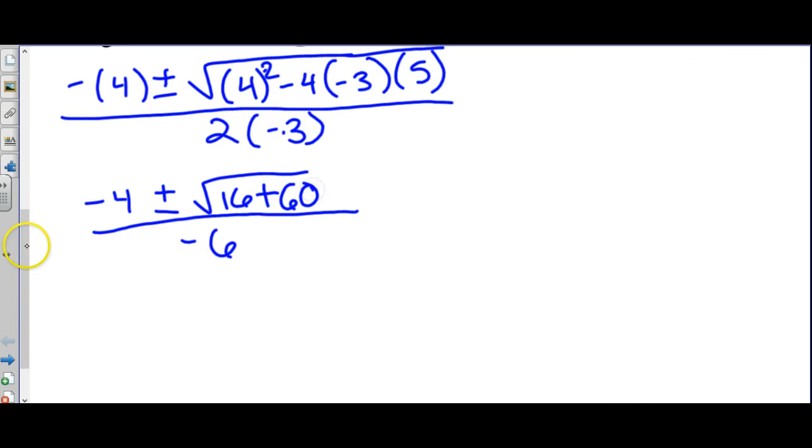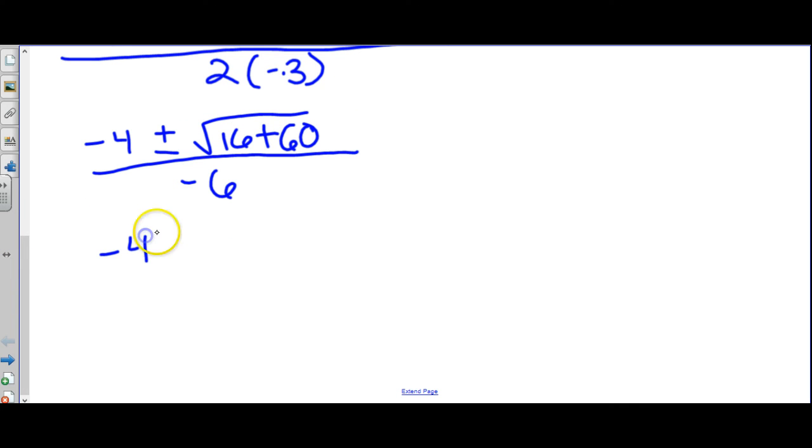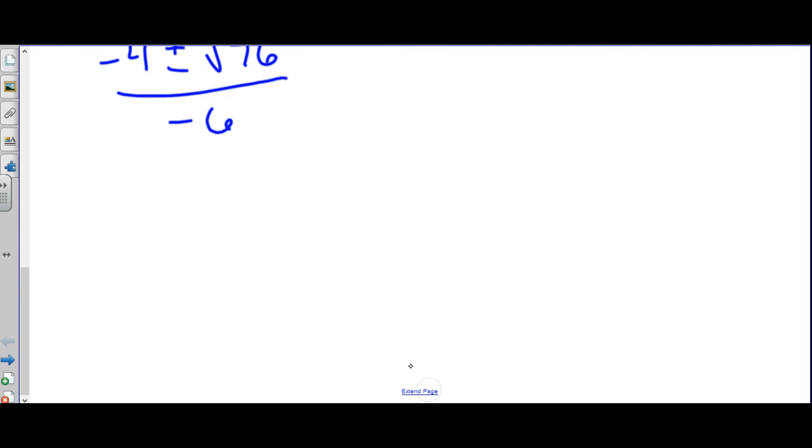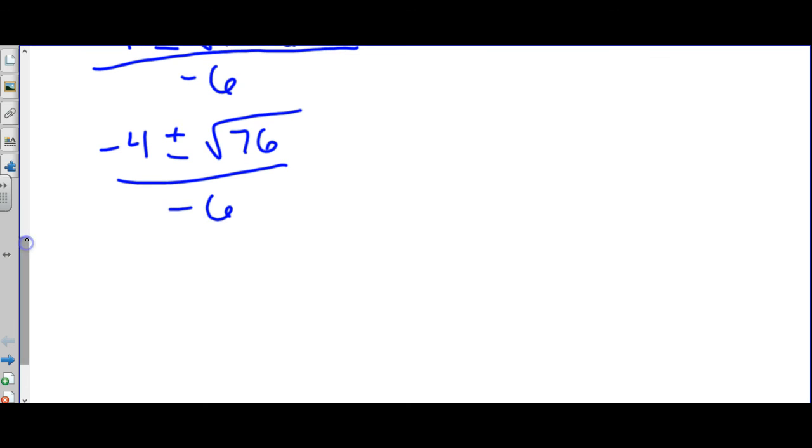Now combining what's under the square root, we get negative 4 plus or minus square root of 76 over negative 6. Most of these problems are asking you to give the decimal answer and round it to the hundredths place. So when we do that, we actually are going to have to split this now.